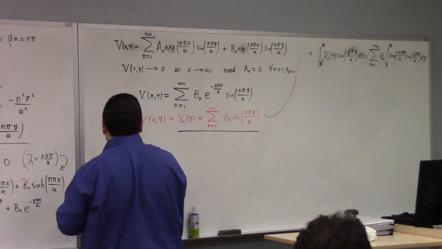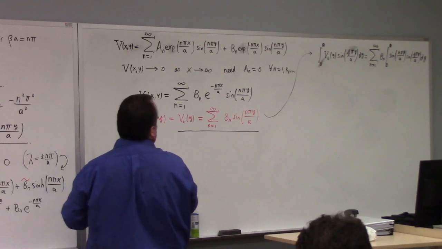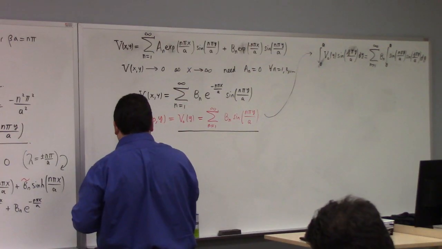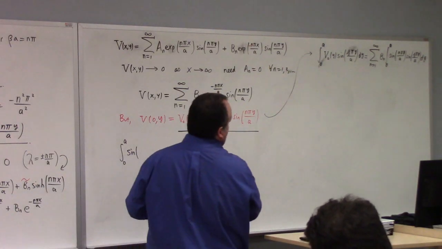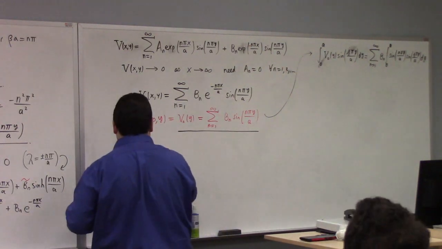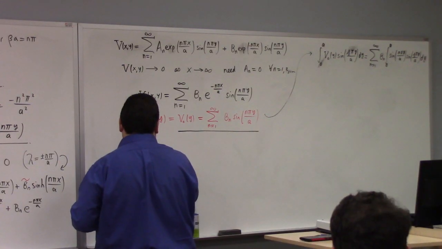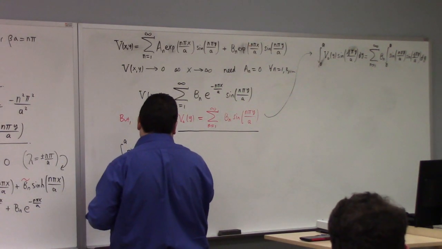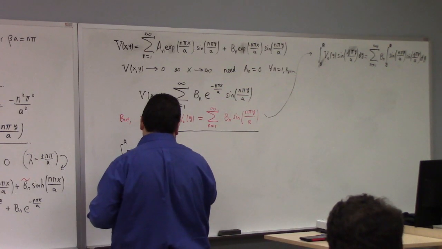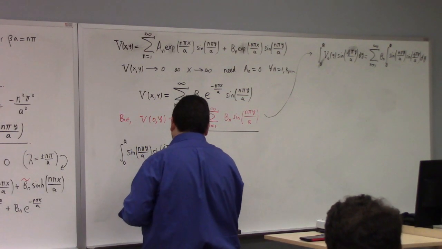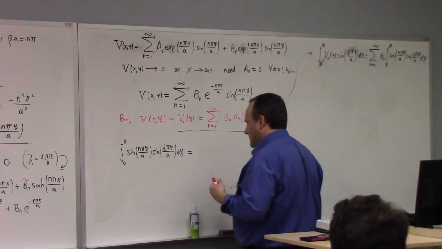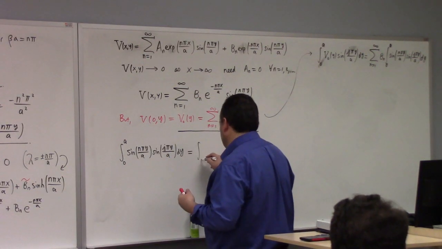So how do we do that center integral? Integral from 0 to a of sine of n pi y over a times the sine of j pi y over a, dy. The product of two sines gives me what?